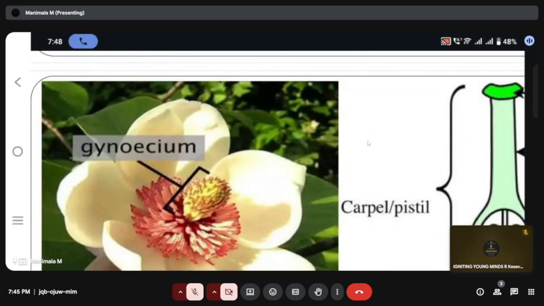First, the swollen part is called the ovary. Some ovaries contain only one ovule, for example wheat, paddy and sunflower. Papaya, watermelon and orchids have more ovules. These ovules are attached to the placenta, not the ovary. Ovules are attached to the placenta.